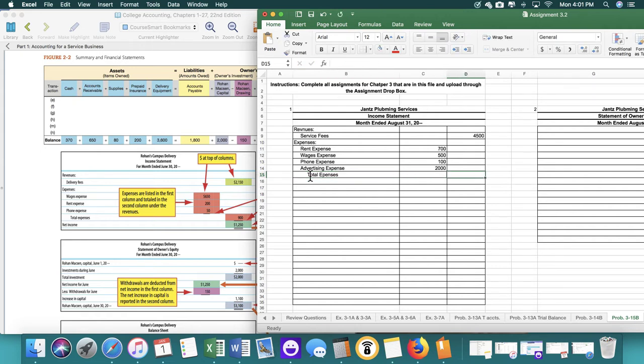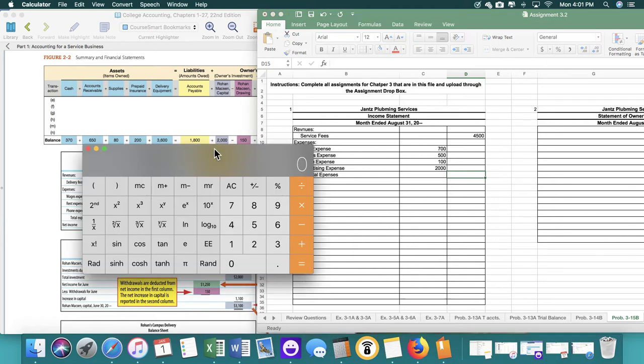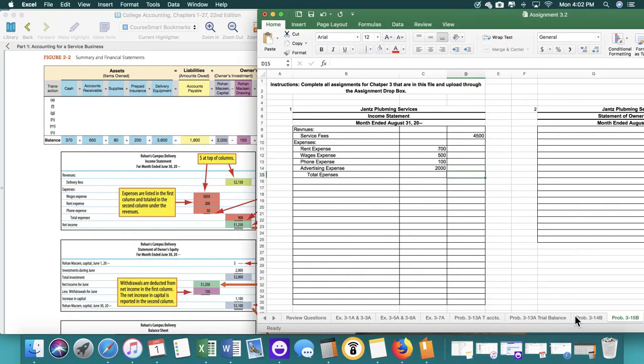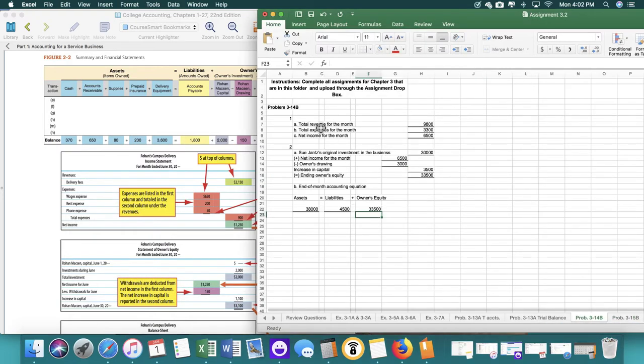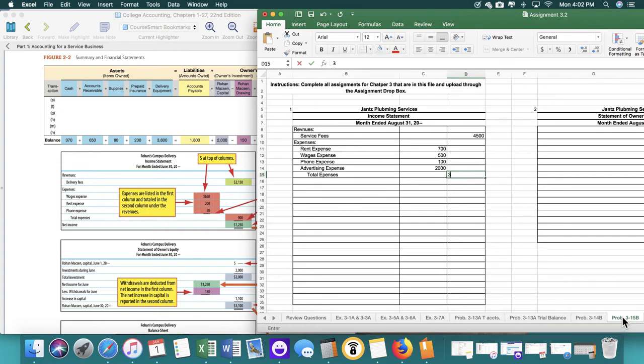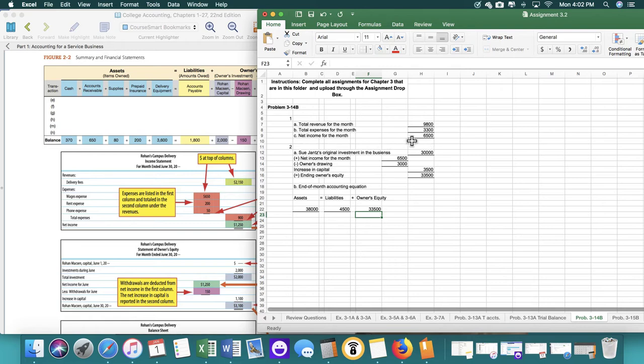Enter that amount over here. And we've already totaled the expenses on 14. Total expenses are $3,300. And we've already calculated our net income to be $6,500.